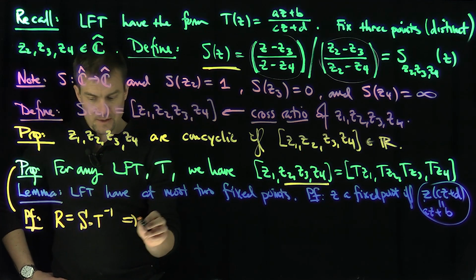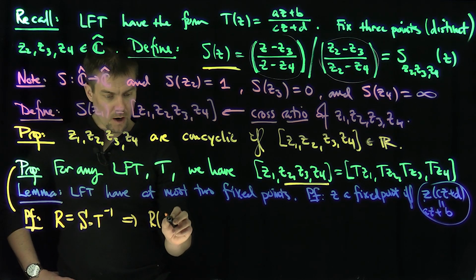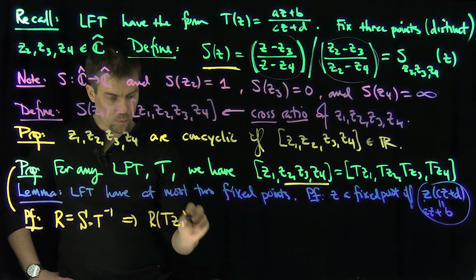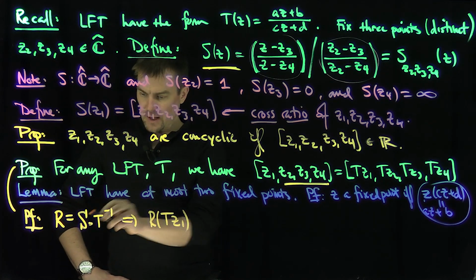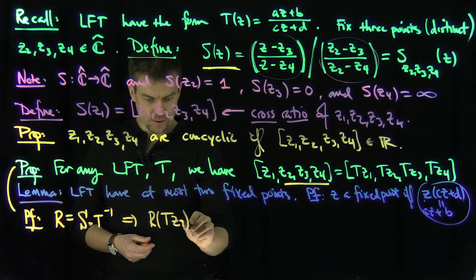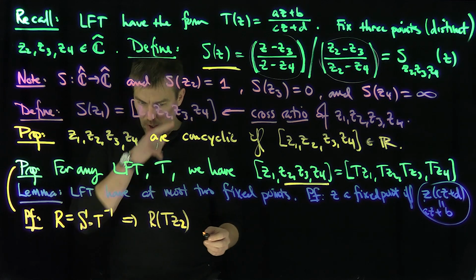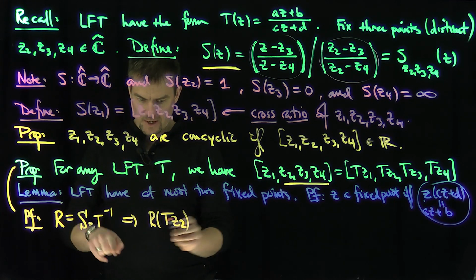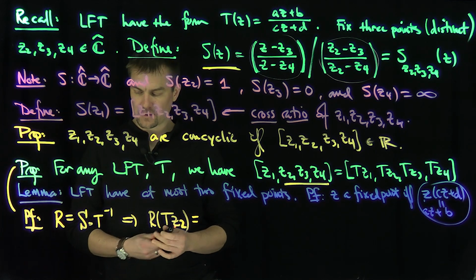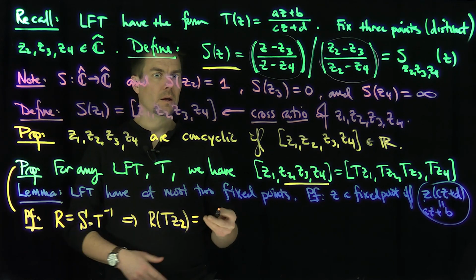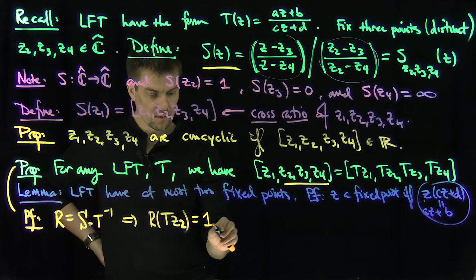And now notice, what's R of T of Z1? R T of Z1 is going to be S of Z1. Oh, so I want a 2 here, actually. So what's R T of Z2? R T of Z2, well, the T and the T inverse can cancel out. It's going to be S of Z2, right? And S of Z2 is going to be 1.